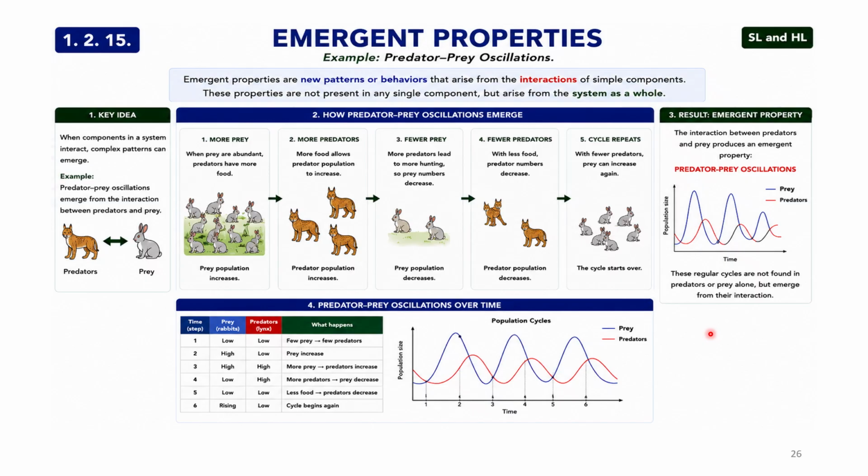Similar emergent behaviors occur in many environmental systems, including disease outbreaks, forest succession, and nutrient cycling, where interactions among components generate system-level patterns that cannot be understood by studying individual parts in isolation.